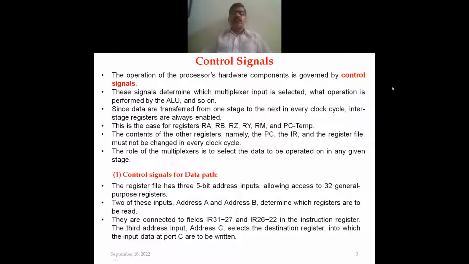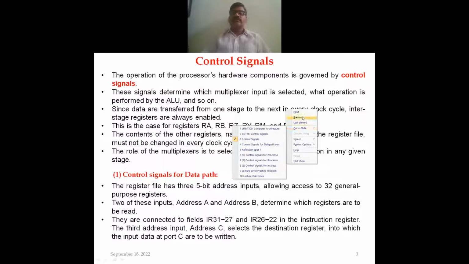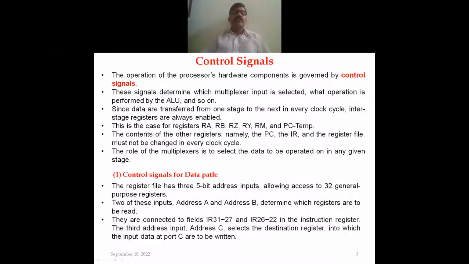Now, what is a control signal? The operation of the processor hardware components is governed by the control signals. These signals determine which multiplexer input is to be selected, what operation is to be performed by the ALU, and so on.